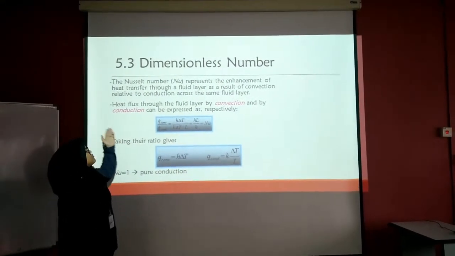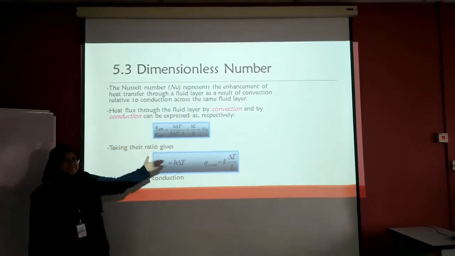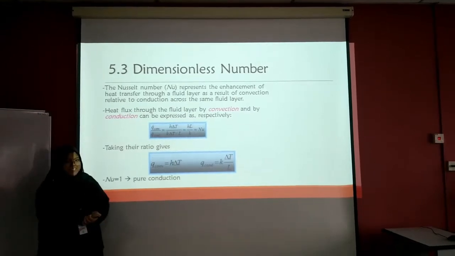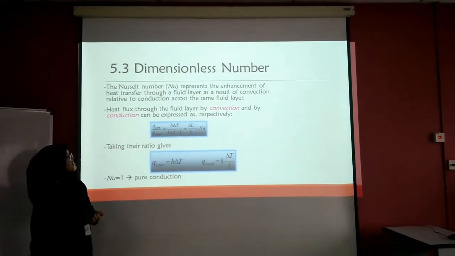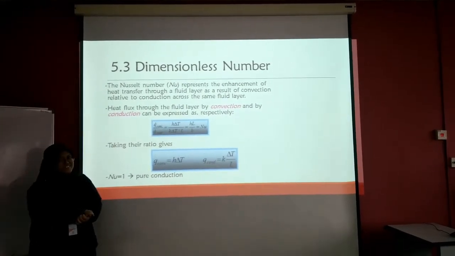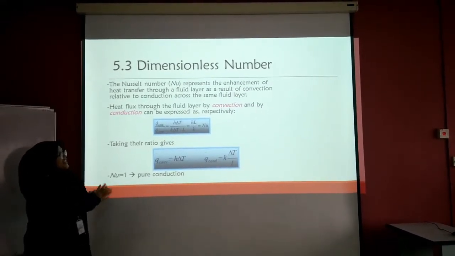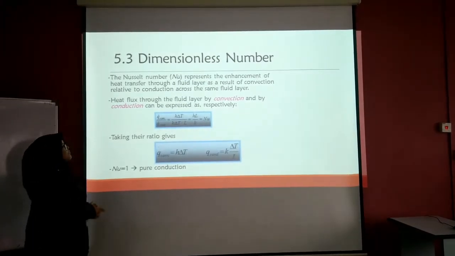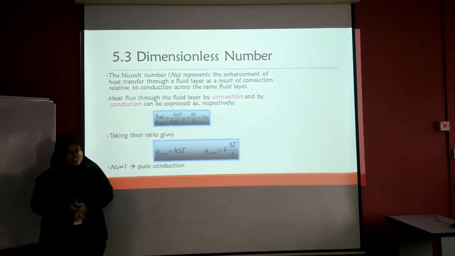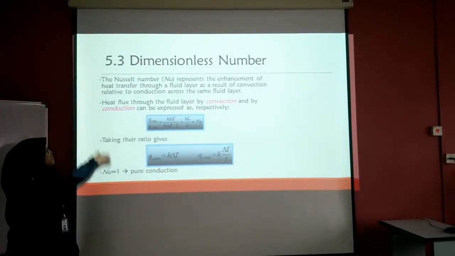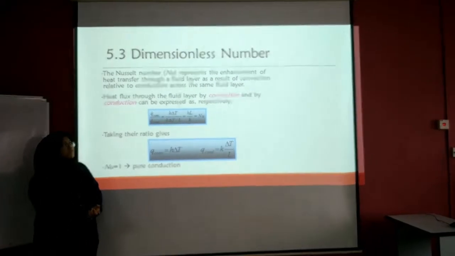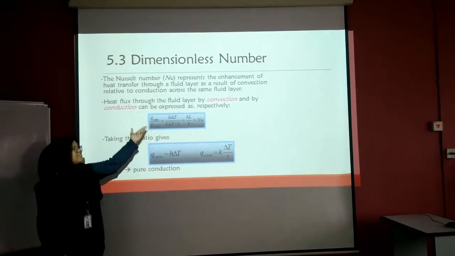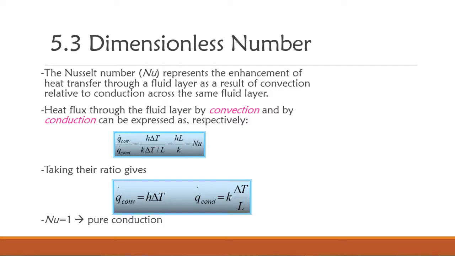Subtopic 5.3, that is dimensionless numbers. Okay. The first one is the Nusselt number, Nu, which represents the enhancement of heat transfer through a fluid layer as a result of convection relative to conduction across the same fluid layer. The heat flux through the fluid layer by convection and by conduction can be expressed respectively.